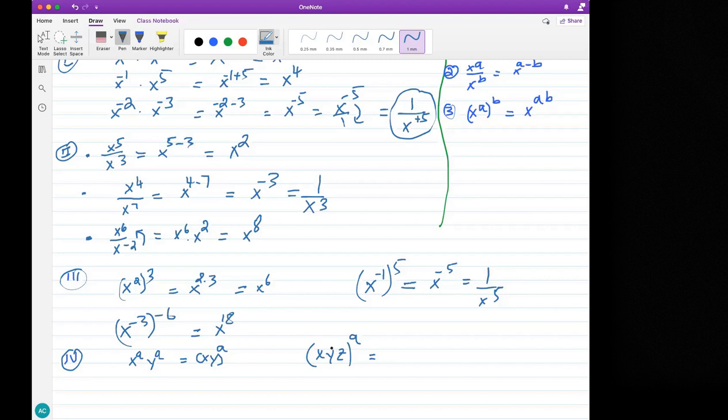We can split all these, we can distribute the a over all of them. Instead of writing them together, we can split them. What do you get if you split them? x to the power of a, y to the power of a, z to the a. Exactly. And write each one separately. That's right. So the parentheses, again, they mean this whole thing is the base. So the a belongs to all of them, not just one of them.